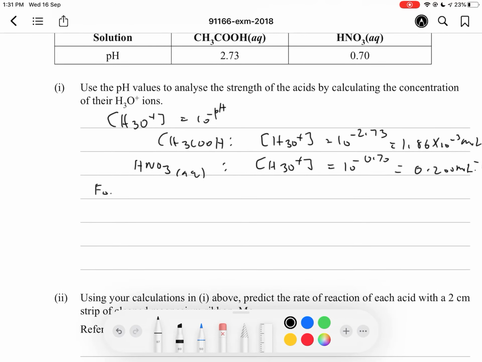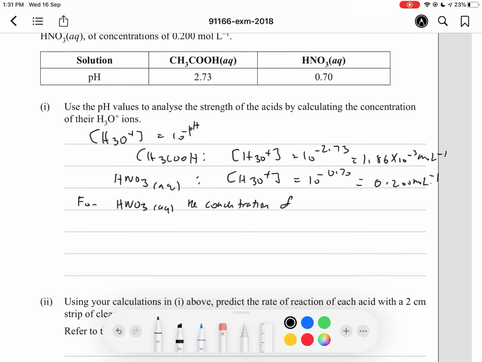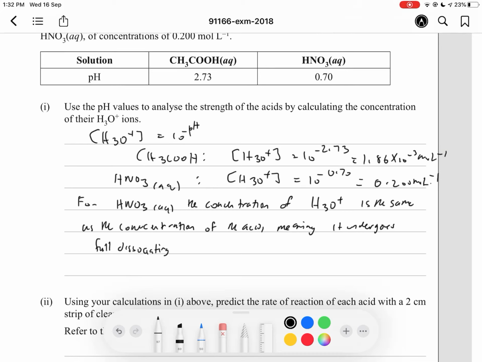So we can say that for HNO3, the concentration of hydronium ions is the same as the concentration of the acid, meaning it undergoes full dissociation, producing more hydronium ions than ethanoic acid.